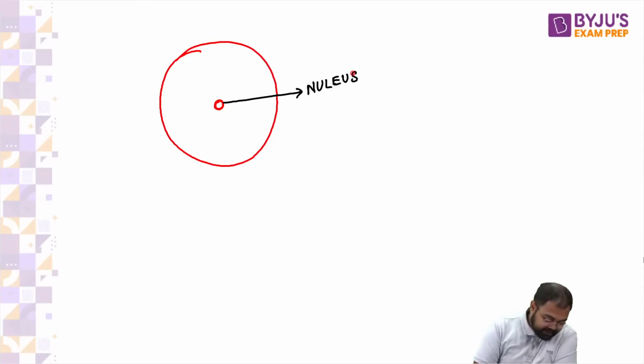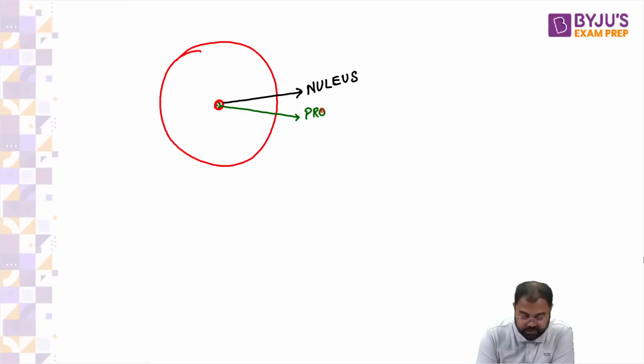Now inside the nucleus we have two types of particles, and these are protons and neutrons. Inside the nucleus we have protons and neutrons.